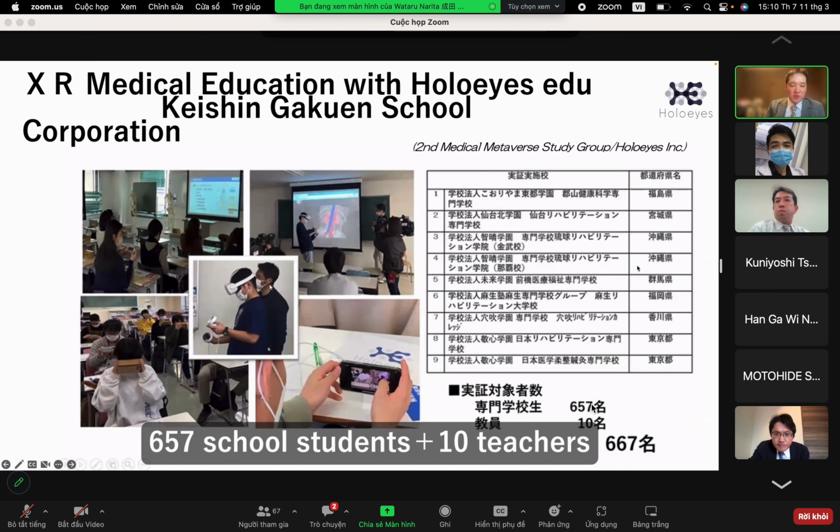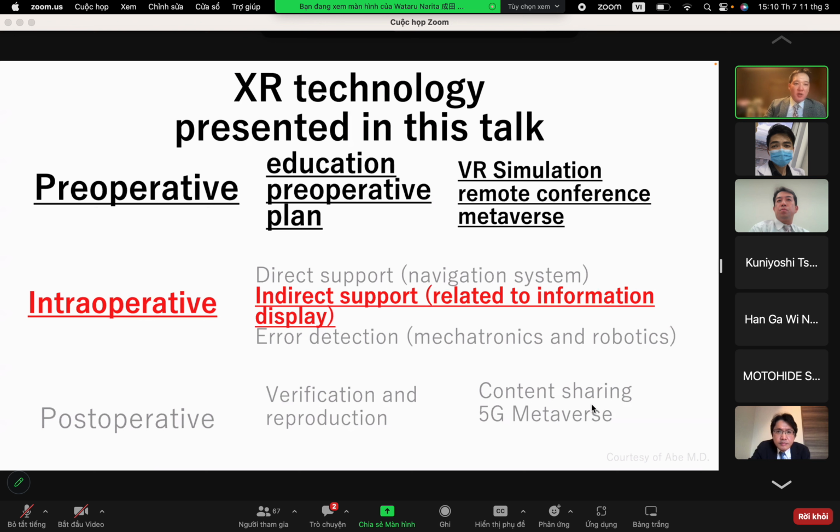Many students can get the image with goggles for education. The XR technology I presented in this talk is shown here, preoperative and intraoperative.